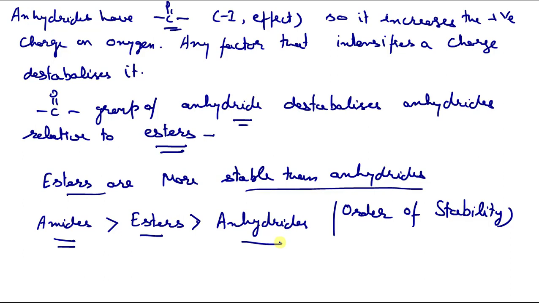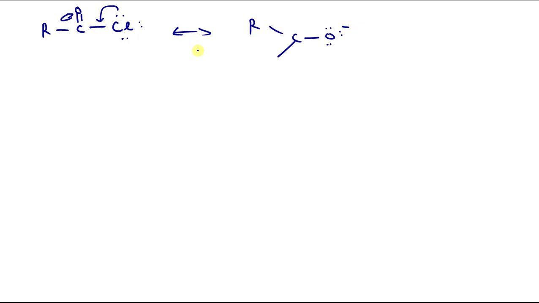Now we are left with acid chloride. I have not discussed that because we have to discuss it a little differently. Now let us compare acid chlorides. So what are acid chlorides? RCOCl. Here its resonating structure will be O negative and Cl positive.